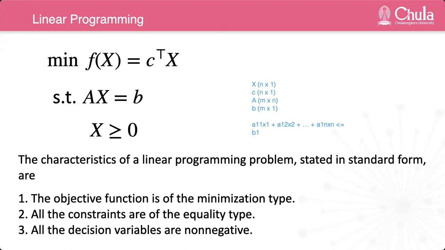That makes sense, right? So you add one more variable for one inequality constraint, then you can transform the inequality constraint to an equality constraint. And the next one, all the decision variables are non-negative.